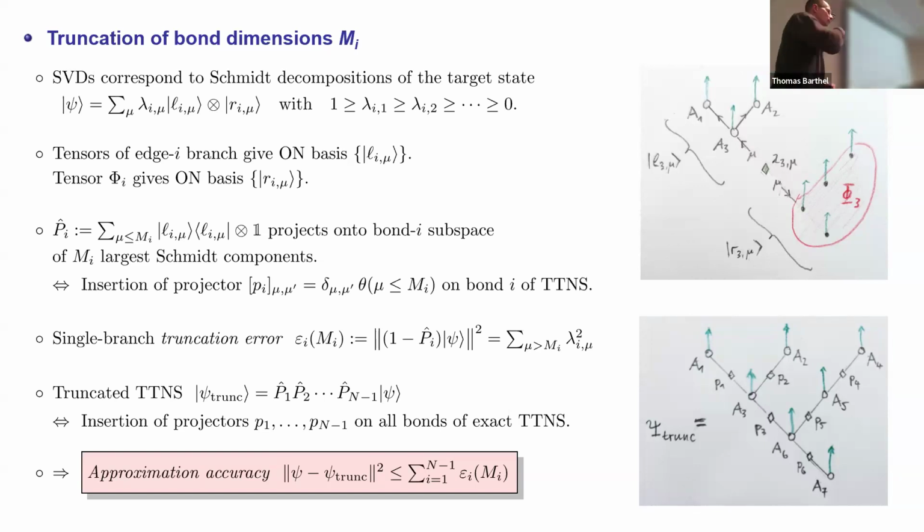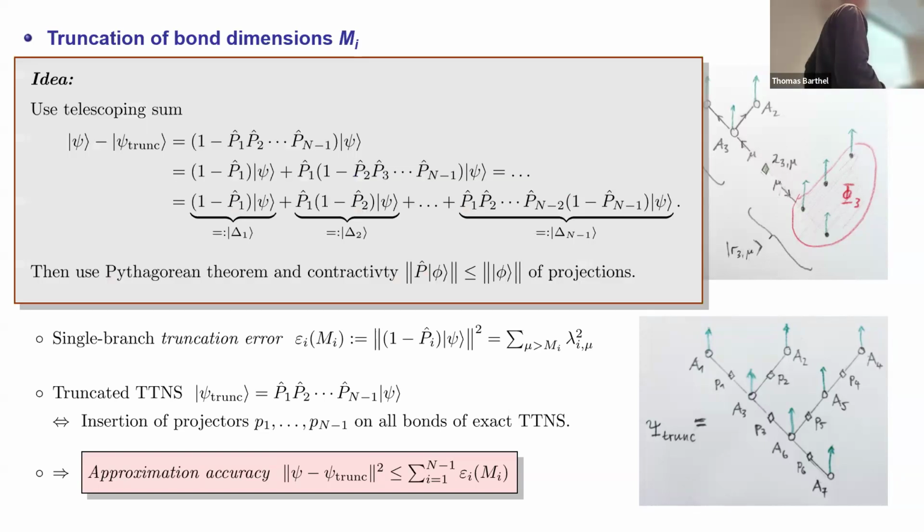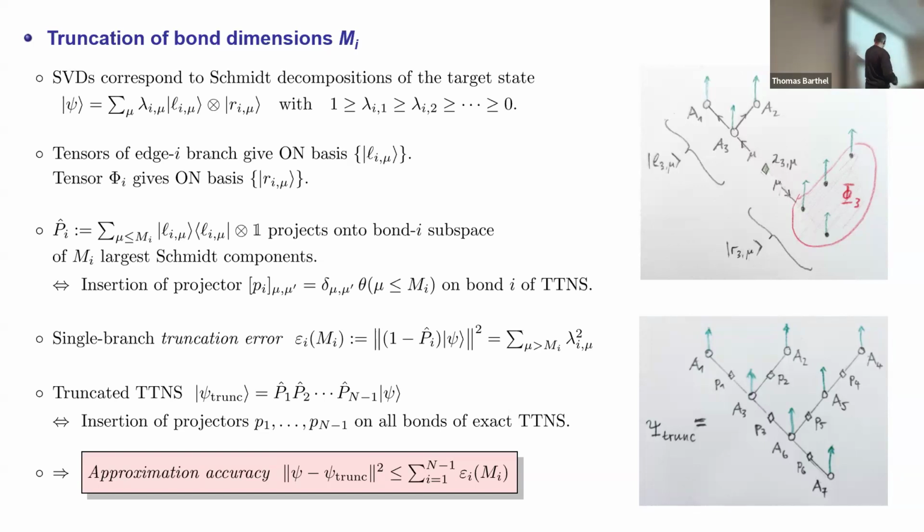You said that the order is important, they don't commute, but the bound that you have applies actually to any order. Yeah, exactly. Is that ordering any better, or the one you chose? This ordering is just important such that we can actually relate the associated truncation error to the Schmidt spectrum of the target state. If you do first P1, which means that you fiddle around first with this bond here, you're already destroying your basis, or getting an approximate basis for this first site.